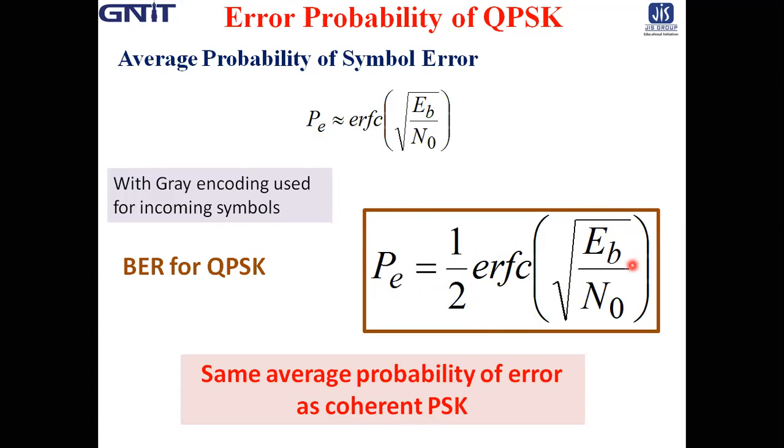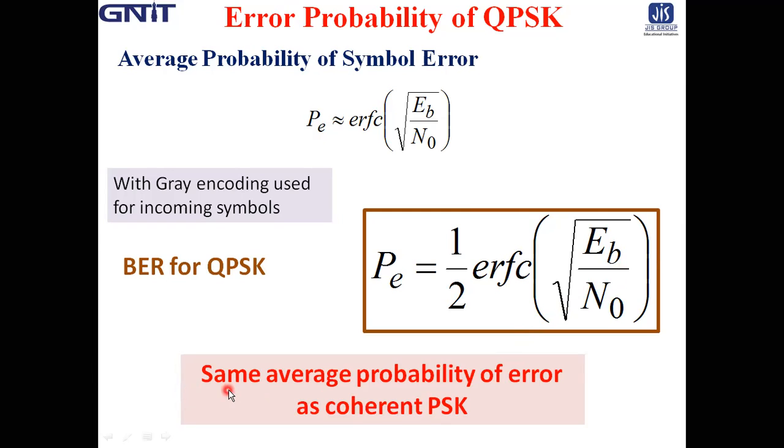We may therefore state that a coherent QPSK system achieves the same average probability of bit error as a coherent binary PSK system for the same bit rate and the same Eb by N0, but uses half the channel bandwidth.